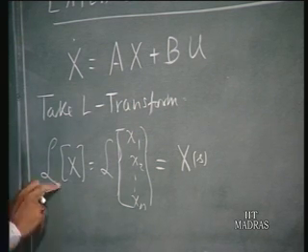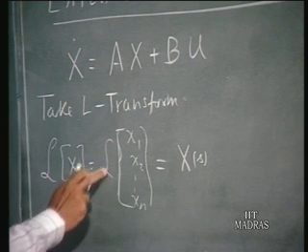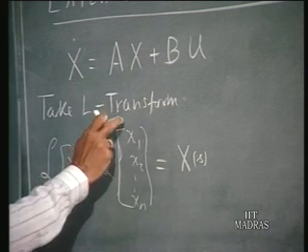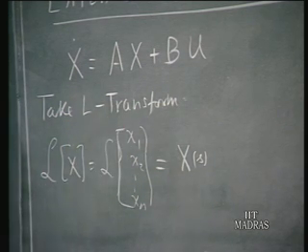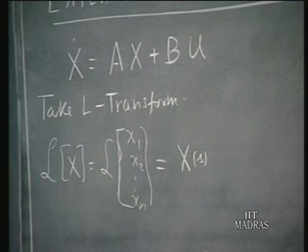Now what will be the Laplace transform of x dot? You are taking the Laplace transform of x1 dot, x2 dot, up to xn dot. If x1 has the Laplace transform X1(s), the Laplace transform of x1 dot is s times X1(s) minus x1(0). In line with what we do in differential equations, we take the initial conditions pertaining to 0 plus.